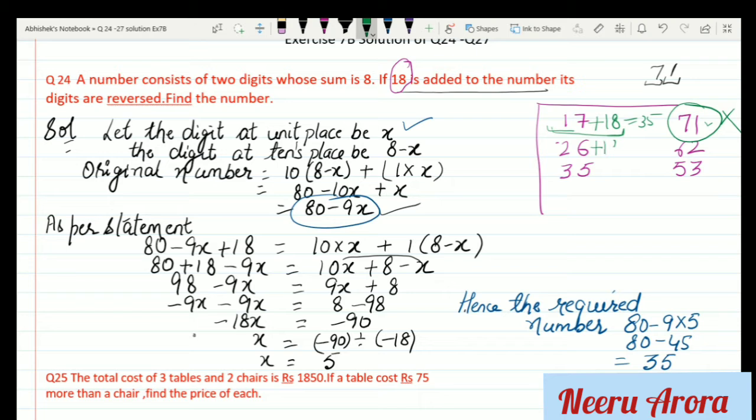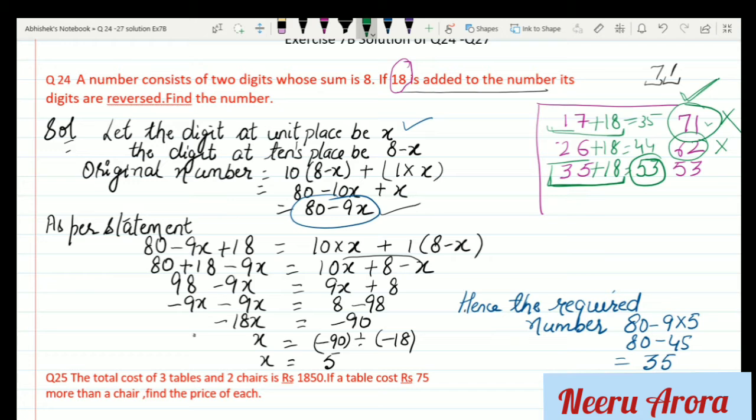Now if we add 18 to 26, it becomes 44. The digits are not reversed. Now if I add 18 to 35, that is equal to 53. Yes, the digits are reversed. So 35 fulfills our condition. So our answer is correct.